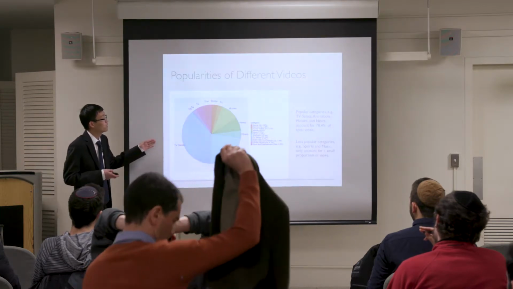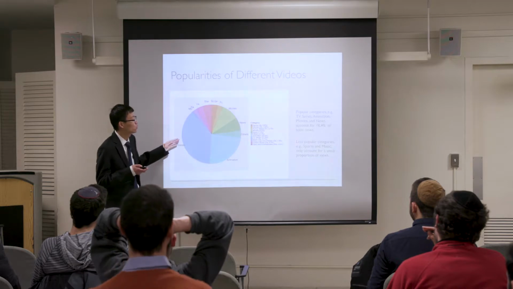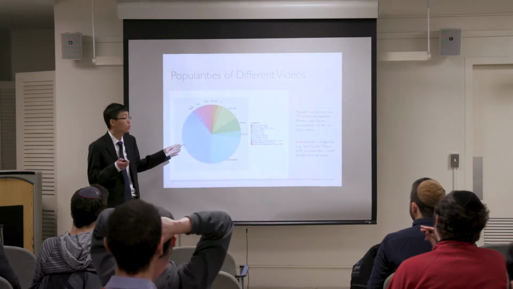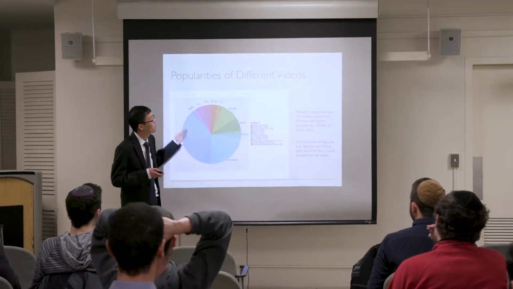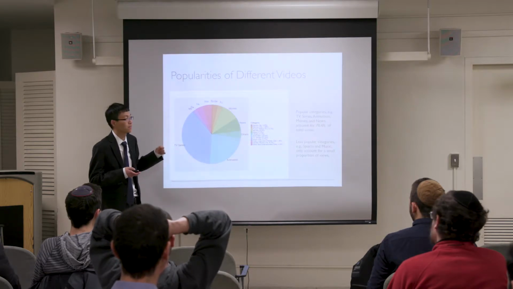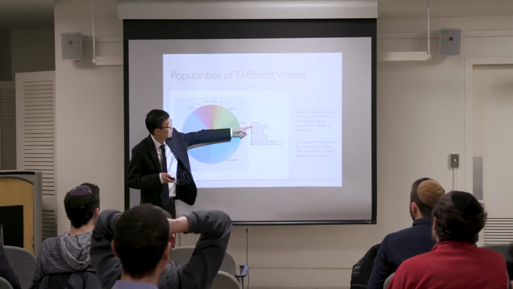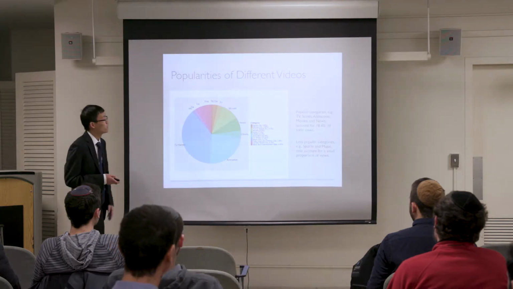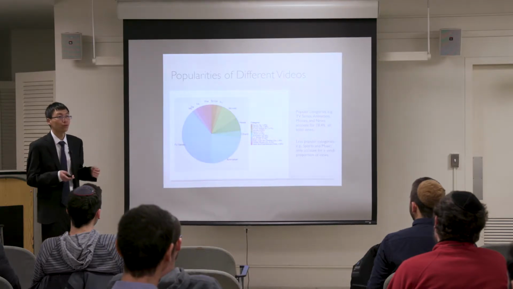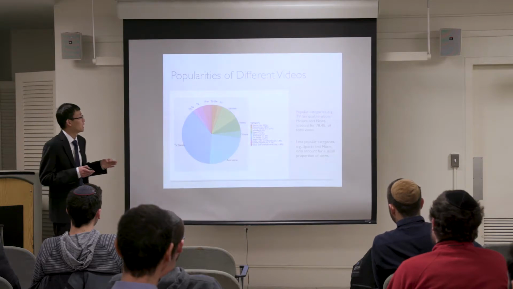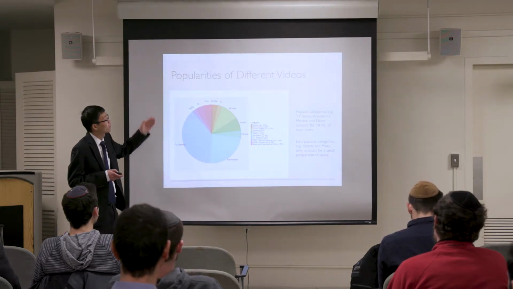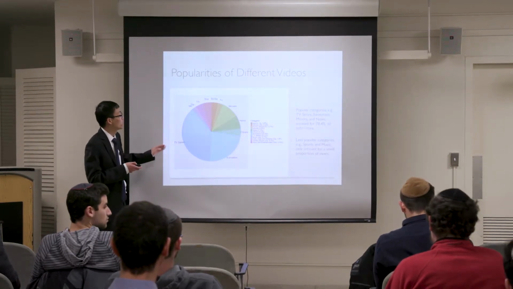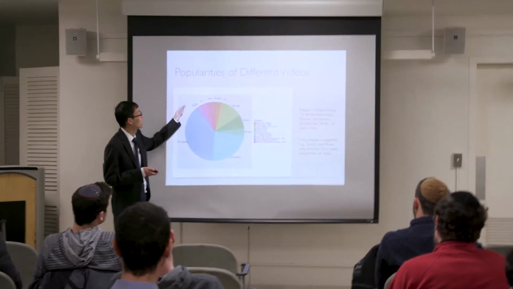Now, based on the video tags that PPTV utilized to manage its video resources, we can group the videos into different categories, like sports, games, movies, and so on. So we calculate the number of total views for each video and summarize the popularities of different video categories, measured by the number of total views here.